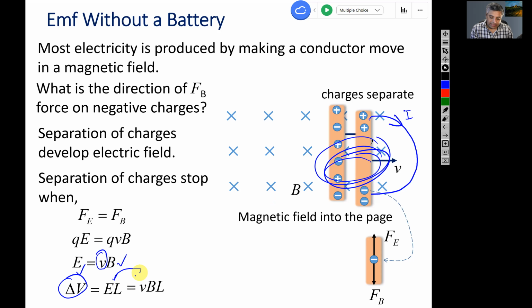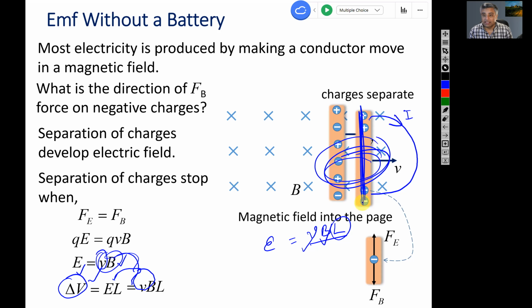And by the way, this E is v times B. So we can write delta V in terms of the magnetic field and the speed. I'm just substituting that. So this is one equation we're going to be using. Delta V is also called EMF in this case. So vBL is the EMF generated by a conductor that is moving with speed v in a magnetic field B, where L is the length of this conductor.